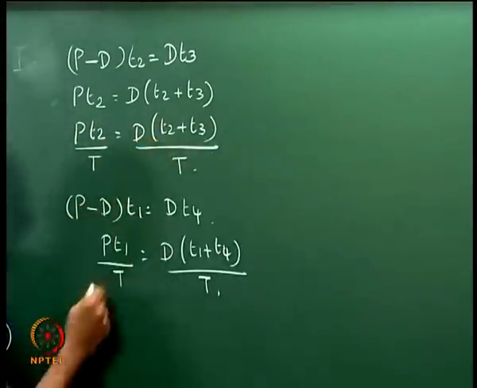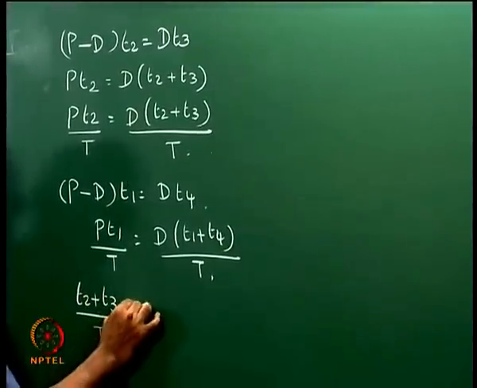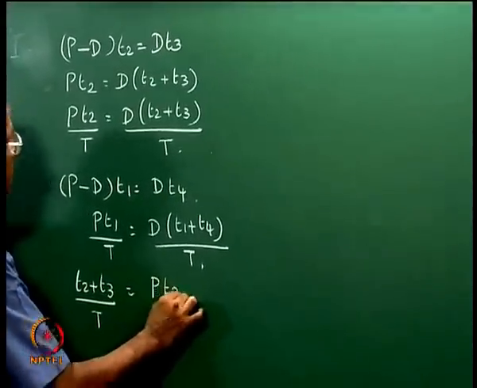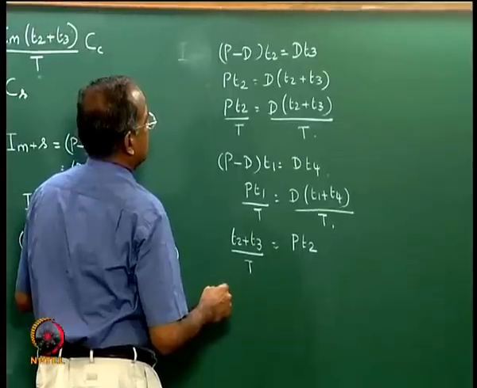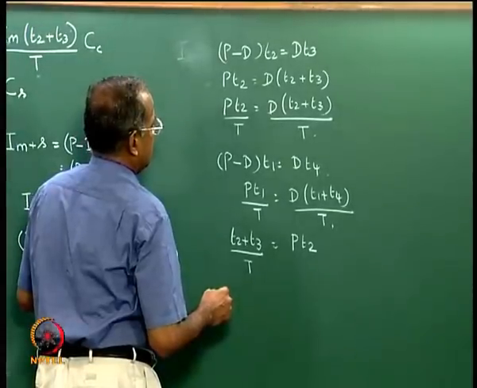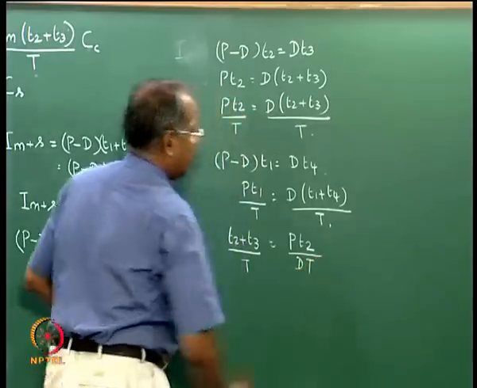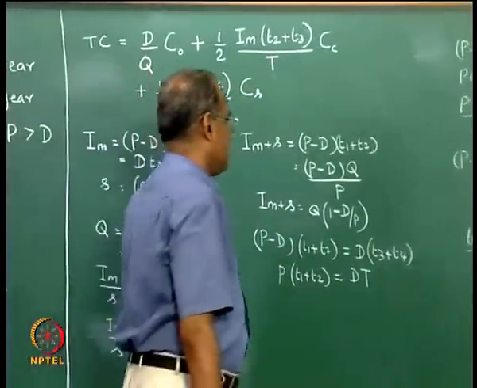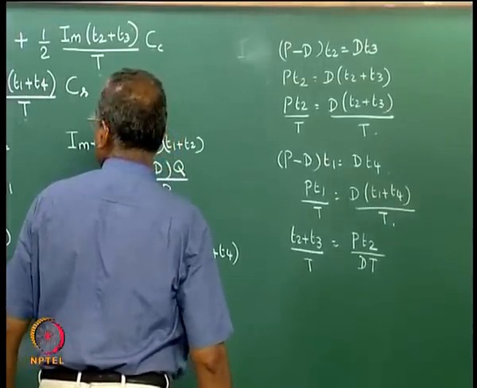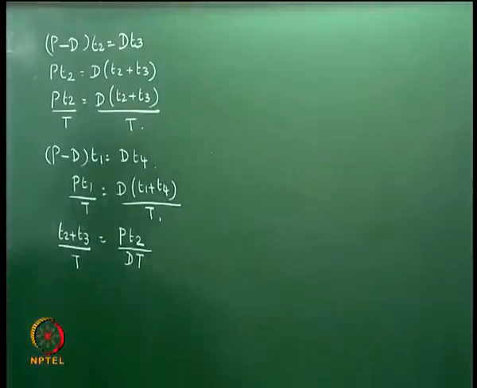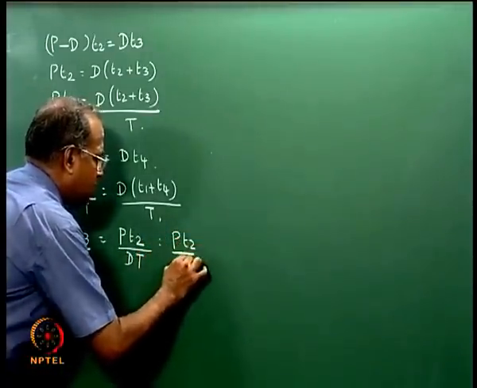Now, from this you can write (T2 + T3) by T is equal to P T2 by dt. Now, dt is q. So, P T2 by q.